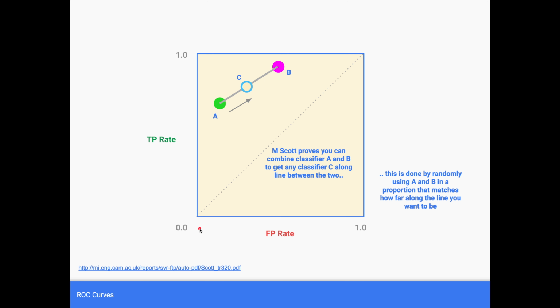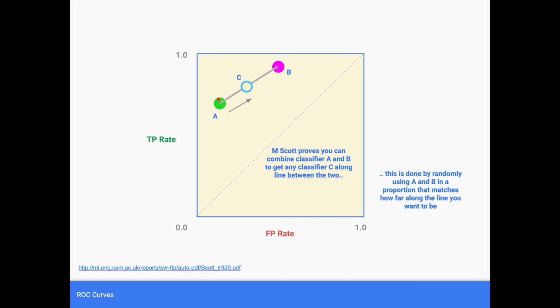And you can read about it. It's a fairly recent paper actually, so it's a fairly recent discovery in some sense. Mr. Scott proved that if you combine classifier A and B, you can invent a new classifier. You can create one from these 2, which can operate anywhere along this line between the 2.